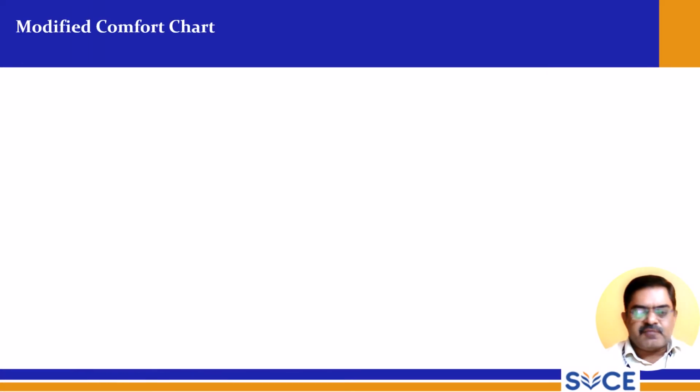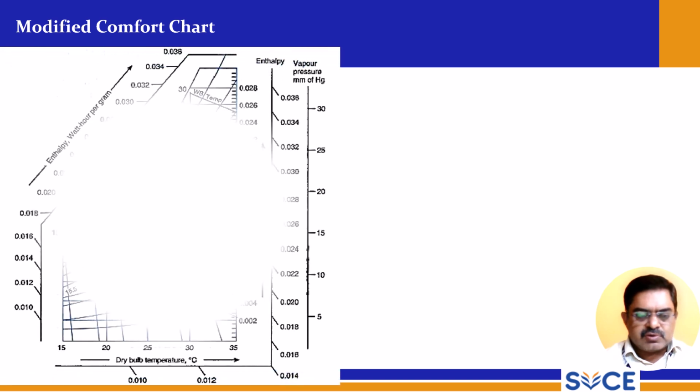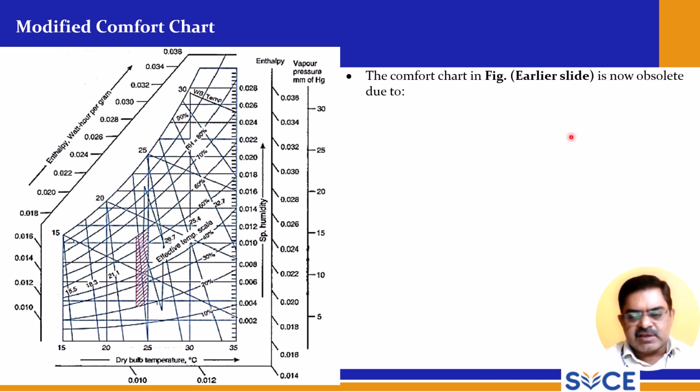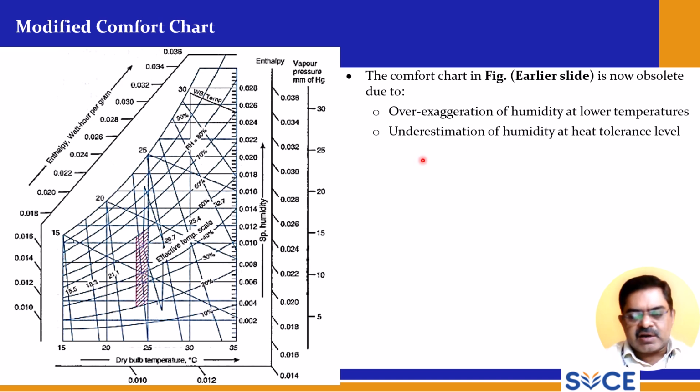And we have a modified comfort chart also. The comfort chart in the earlier slide is now obsolete due to two reasons: over-exaggeration of humidity at lower temperatures and underestimation of humidity at the heat tolerance level.